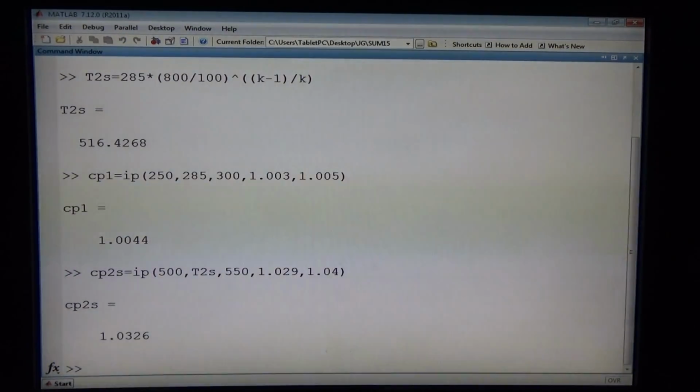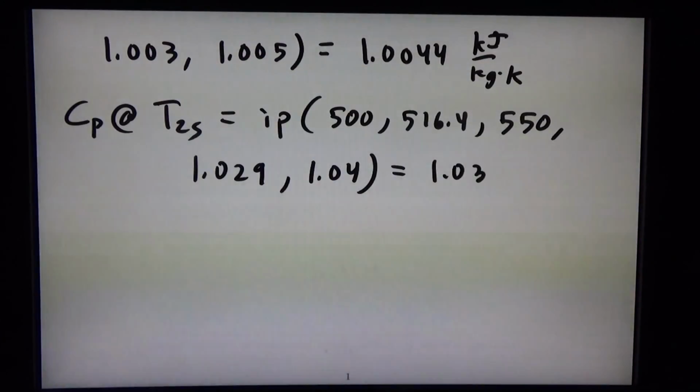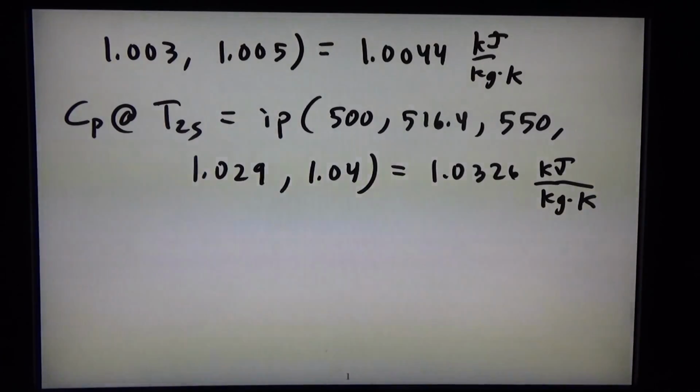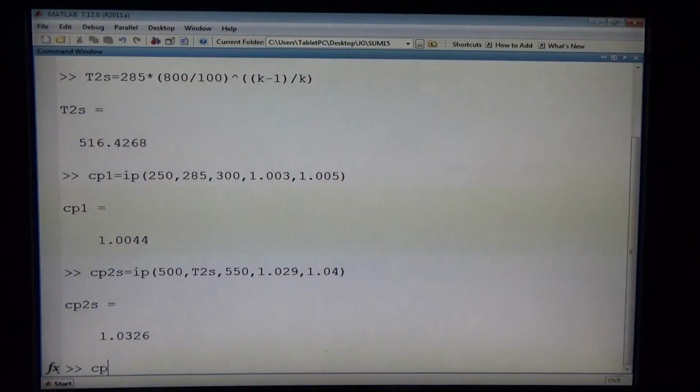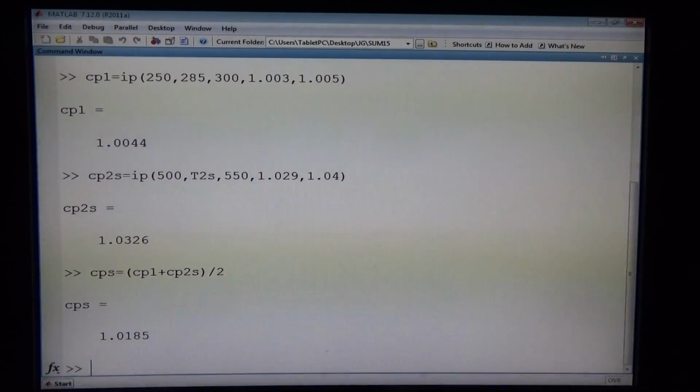So we get 1.0326. So that gives us a C sub PS, which is the average specific heat between T1 and T2S. Take C sub P at 1, C sub P at 2s, and then take the average, 1.0185.